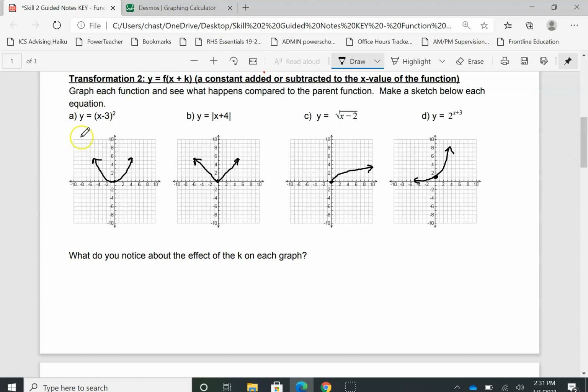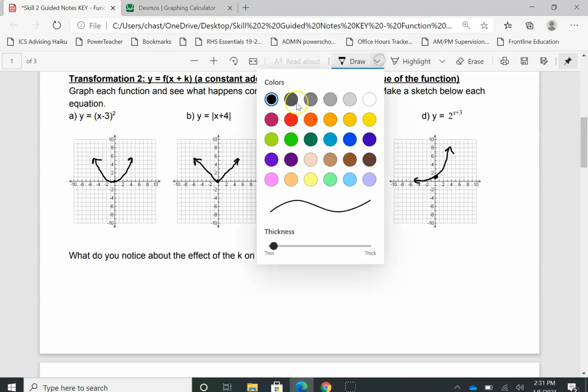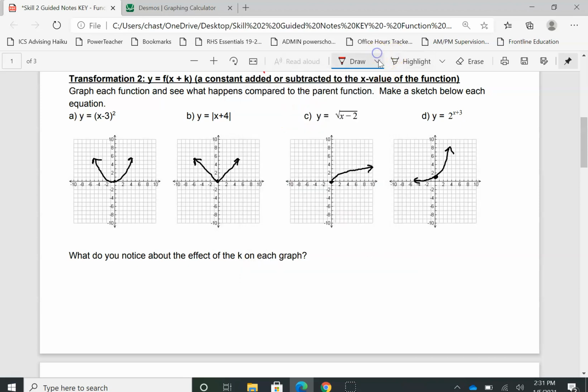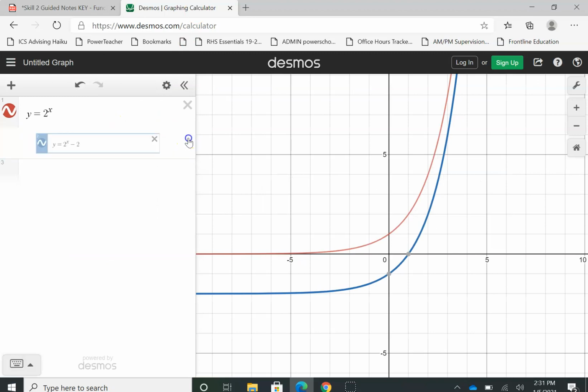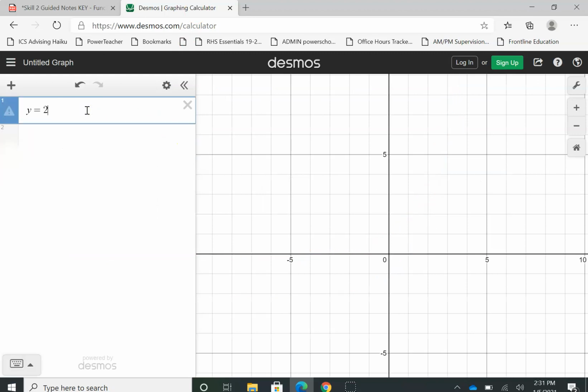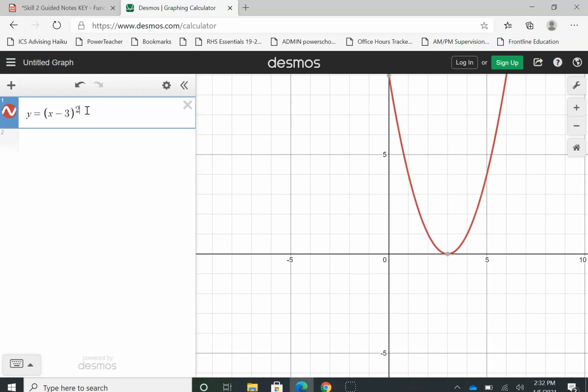Now I want to show what happens when we type in the equations as we see them, okay? So I've drawn the parent functions. I'm going to do this a little more quickly. So now I have (x minus 3) squared. The graph, you'll notice, shifts to the right 3 units.